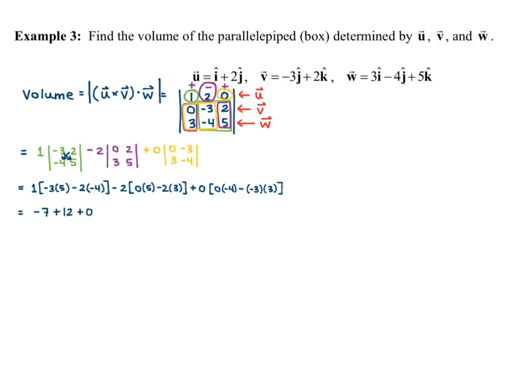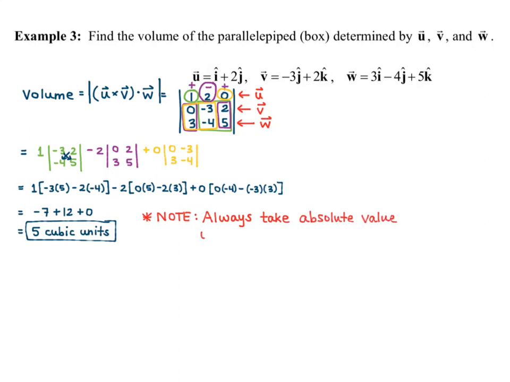Now we simplify, that's negative 7 plus 12, which gives us 5 cubic units. Remember, we're dealing with volume, so it's going to be cubic units. And just make a note to yourself that you always take the absolute value when you're dealing with volume. It wouldn't make sense to have negative volume.